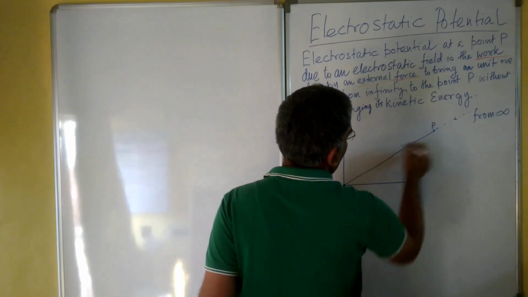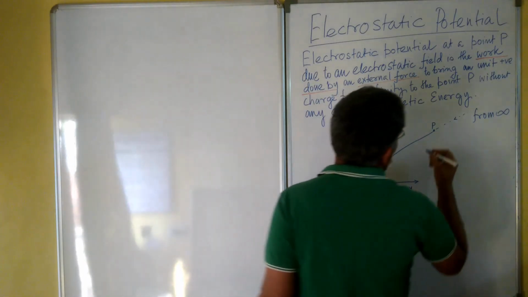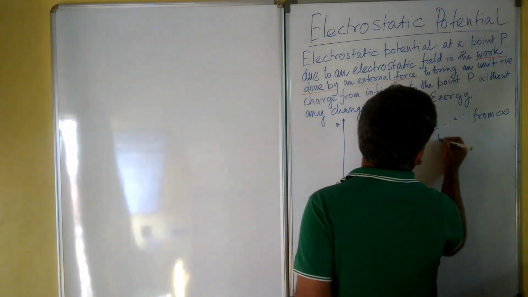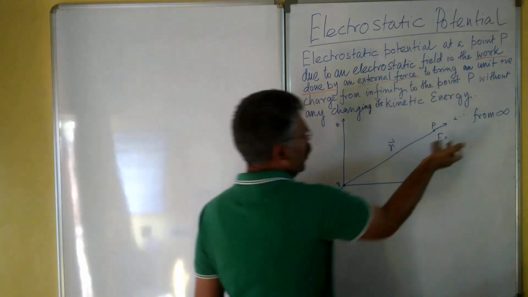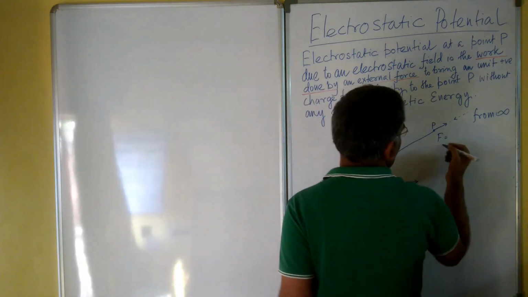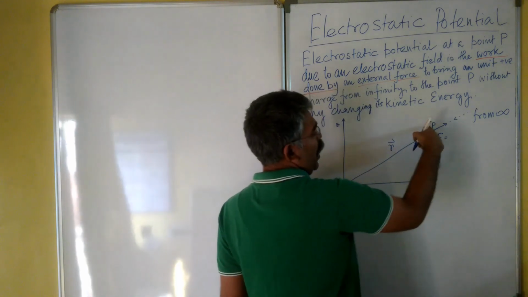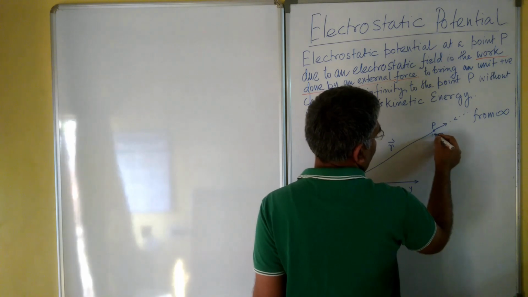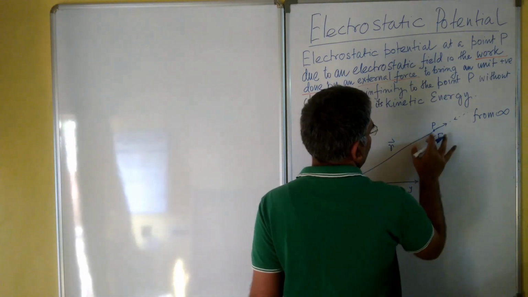Now what is work done? This is our figure, this is the vector r, and the force at P will be a radially outward force due to this point charge Q at this point P. A 1 coulomb of charge is here.